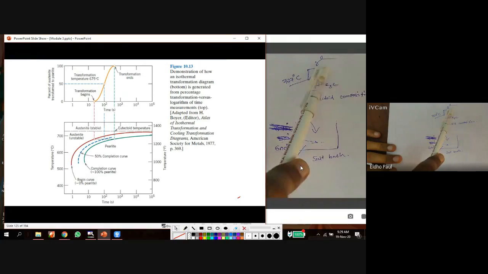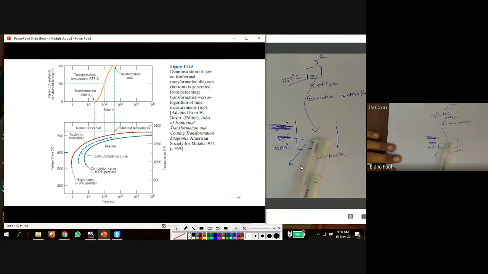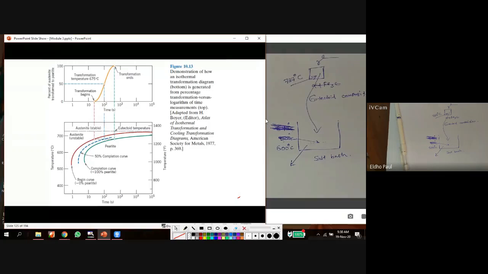Heating above austenite temperature 727 degrees Celsius, then cooling suddenly to 600 degrees Celsius by dipping in the salt bath. Okay, then I maintain that sample at 600 degrees Celsius for a long time for the entire conversion of gamma into other constituents. Okay, so next I am going to draw the same thing.